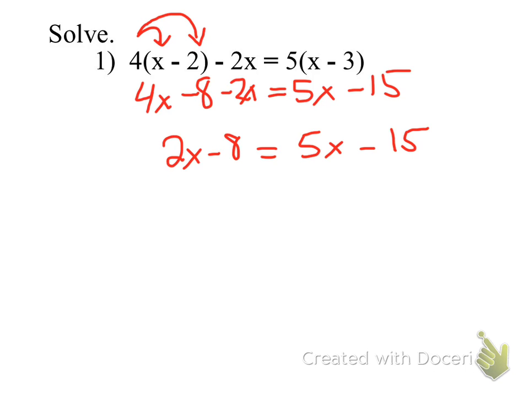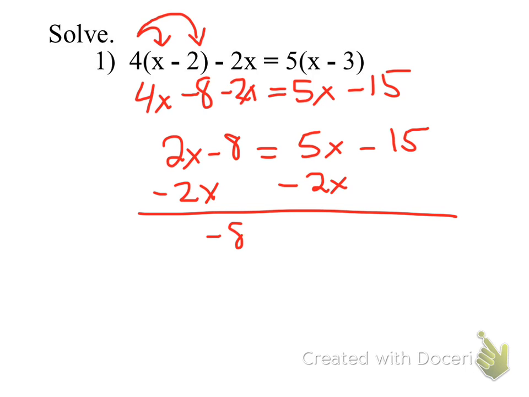Let's hear from Rosanna. Then subtract 2x from both sides. Okay, put my x's to one side. And notice she's taking the smaller x term and moving it to the other side. And what am I left with, Rosanna? Negative 8 equals 3x minus 15. Good.